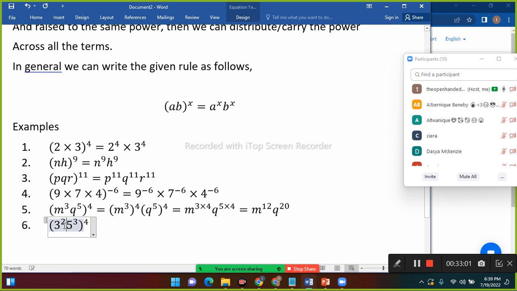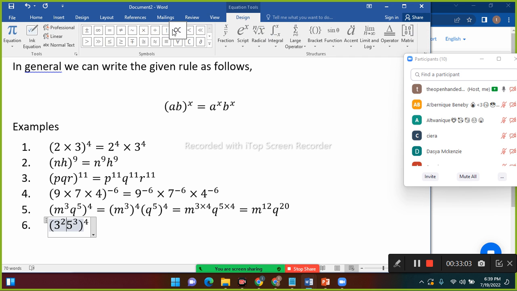And remember, this is multiplication in between here, so I'm going to indicate that clearly.